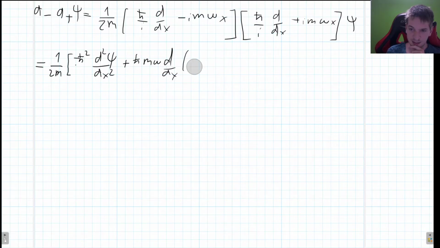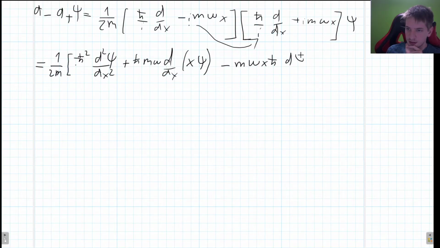I already did it step by step, so I'm just going to put the wave function in there right away. Now we must multiply this with this, so we get minus m omega x, and there's an h bar there, d psi dx, plus m omega x squared psi.